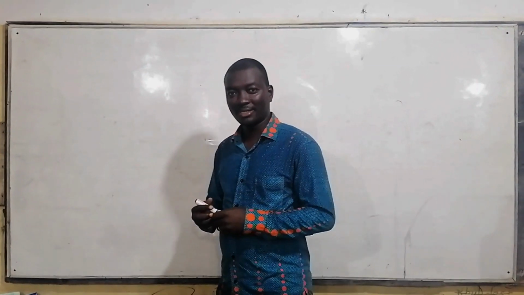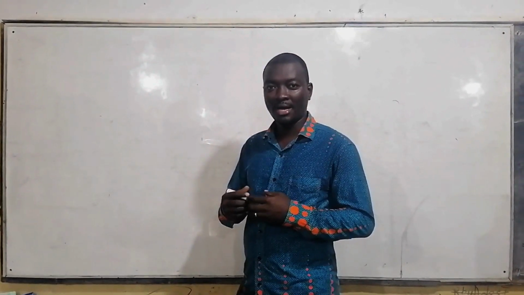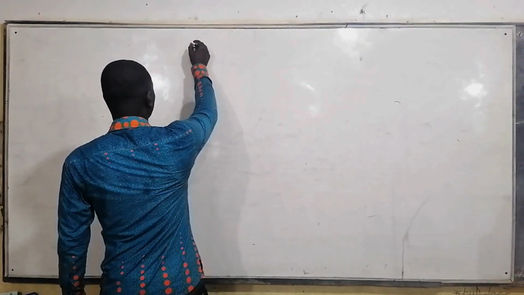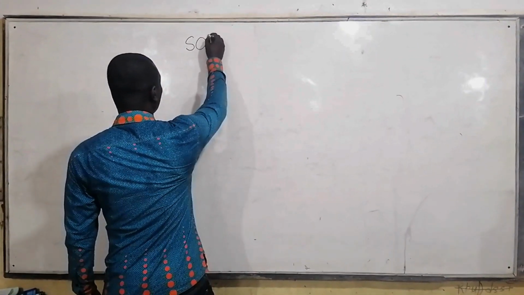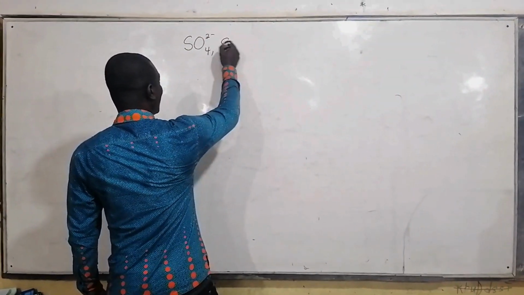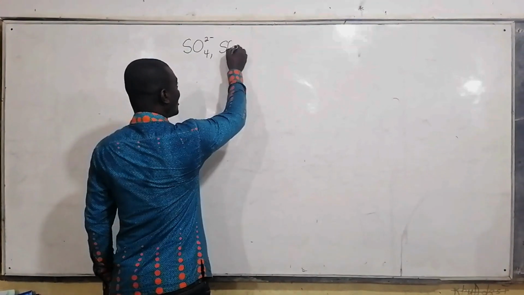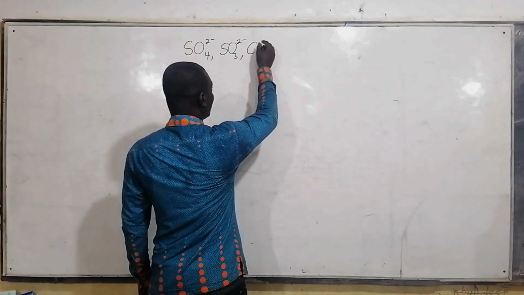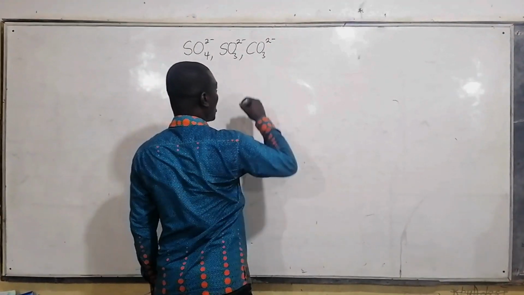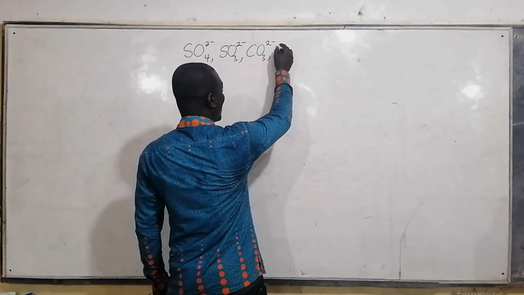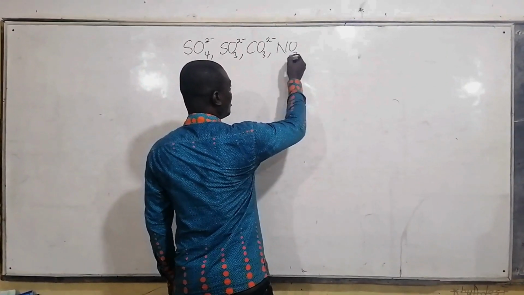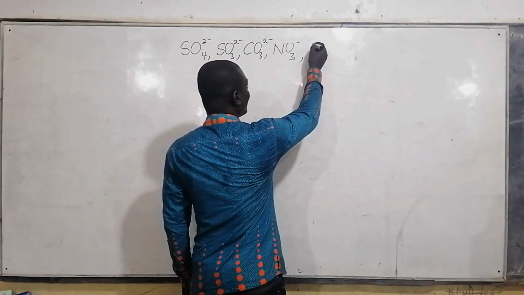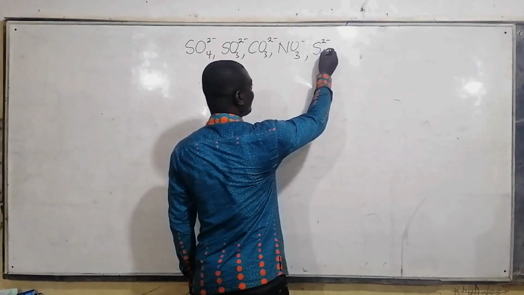Now, the anions that we are normally required to identify are SO4 2 minus, that's the sulfate ion, SO3 2 minus, the sulfite ion, then trioxocarbonate 4 ion, as well as trioxonitrate 5 ion, sulfide ion.